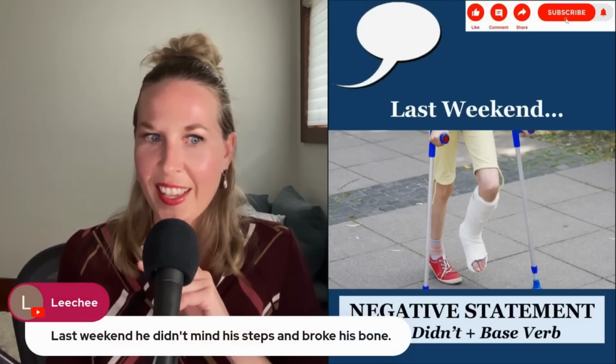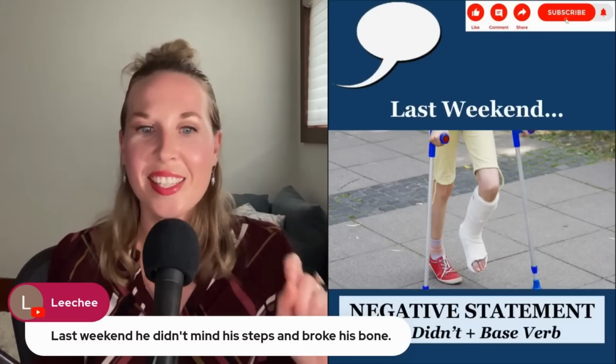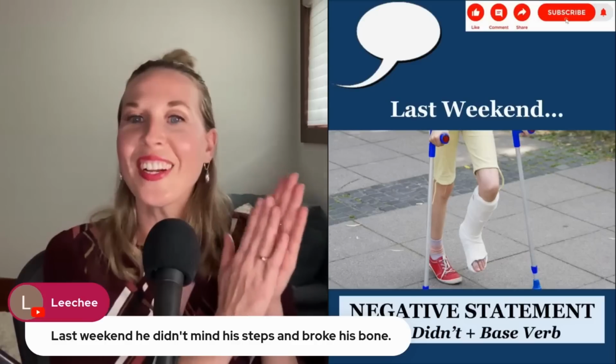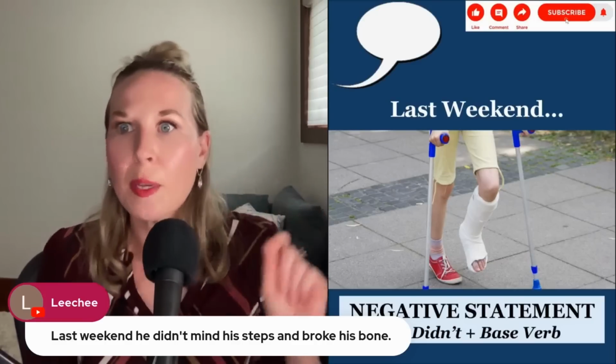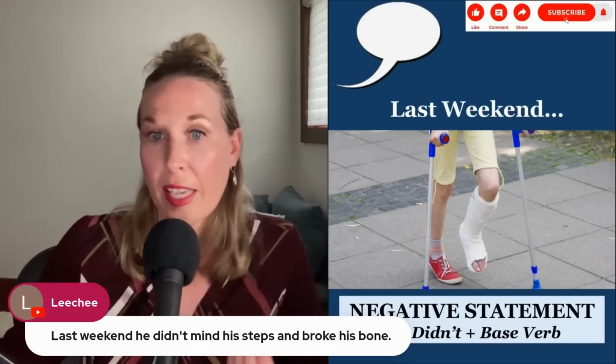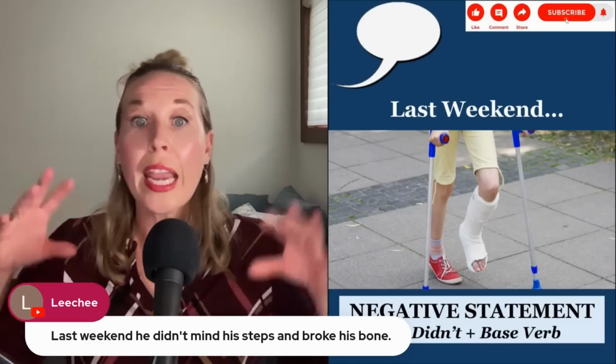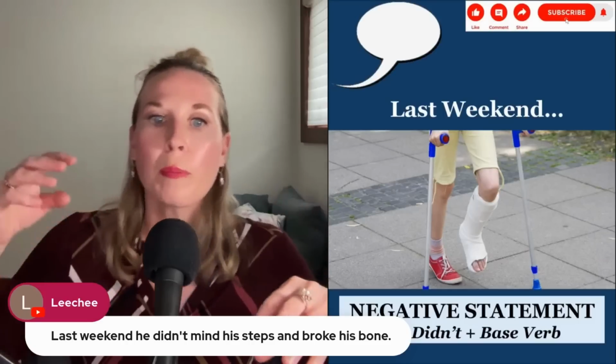Lychee said, last weekend, he didn't mind his steps and broke his bone. Very nice. So he didn't mind his steps. If you mind your steps, it means you're careful about your foot placement.